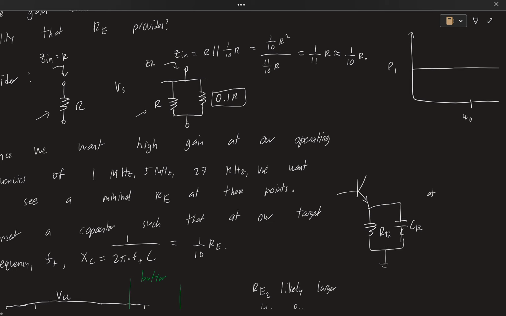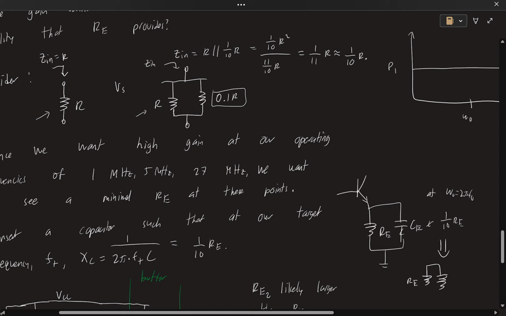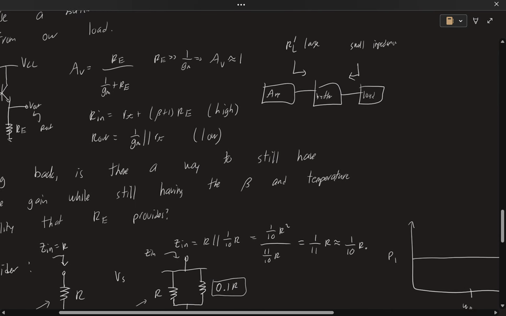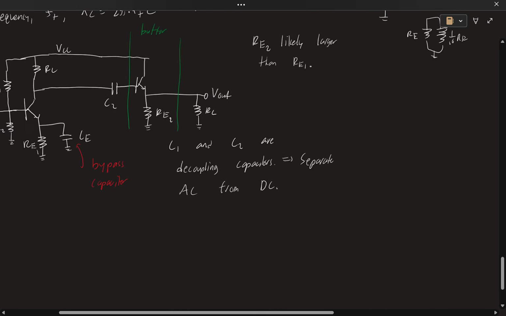And then at omega naught, just 2 pi F naught, this capacitor is going to look like 1/10 RE, at which point we just get RE in parallel with 1/10 RE going to ground, which looks pretty much like 1/10 RE. So it's going to be a lot smaller, right? The same concept from over here. Okay, so that's what we do.